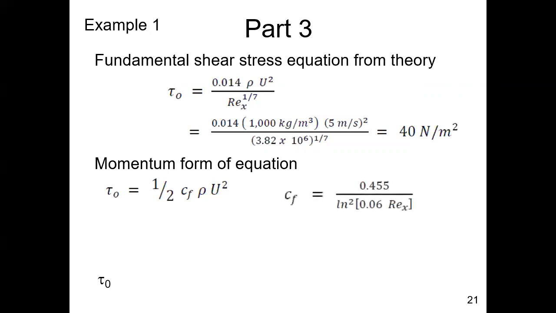So in this case, again, from page 6, and at x equal to 1 meter, we know we have a transitional boundary layer there. The shear stress coefficient, little c_f, for the transitional boundary layer is equal to 0.455 over natural log squared of 0.06 Re_x. You know what the boundary Reynolds number is at this location, 3.82 times 10 to the 6th.